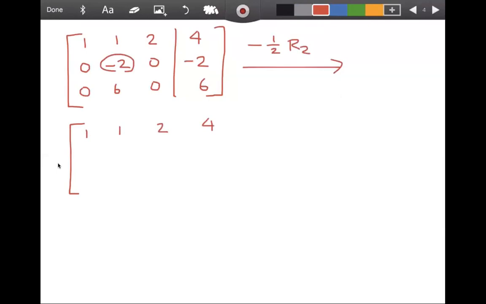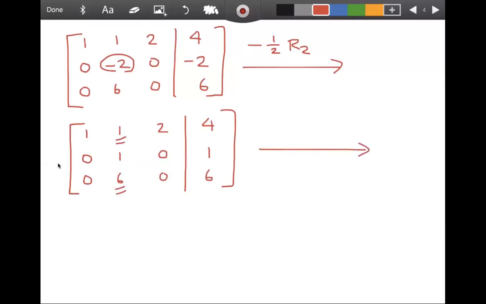However, row 2 will become 0, 1, 0, 1. And we're not doing anything to row 3 just yet. 0, 6, 0, 6. Okay, but now we need to get rid of this 1 and this 6. So we do that using elementary row operation number 3.